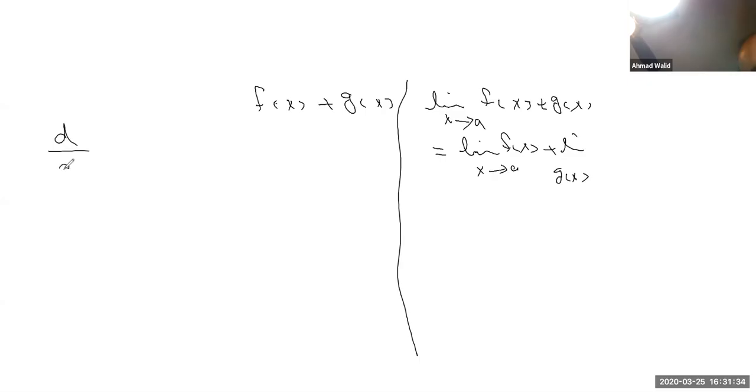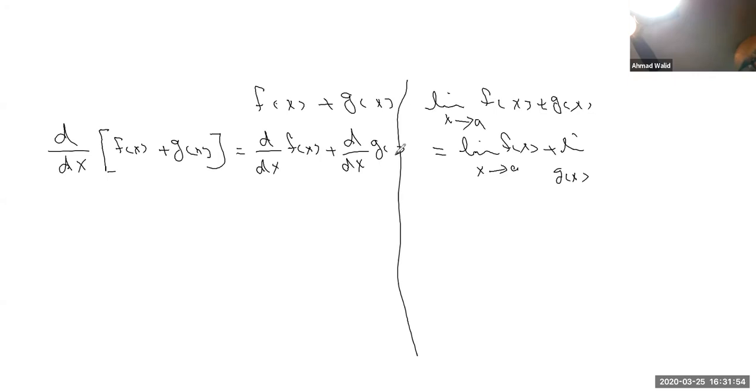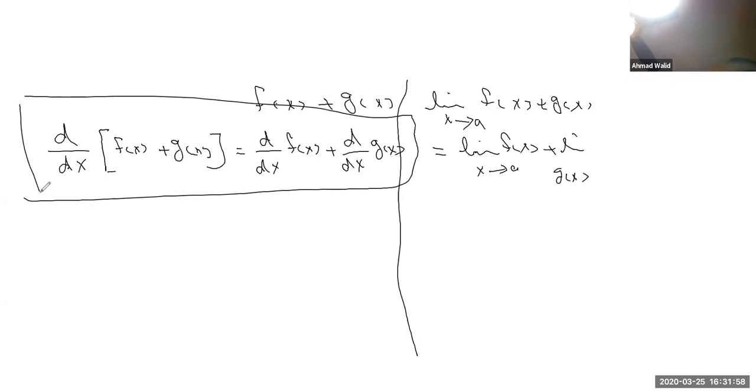Then d over dx of f of x plus g of x equals d over dx of f of x plus d over dx of g of x. This is what we call the addition rule.